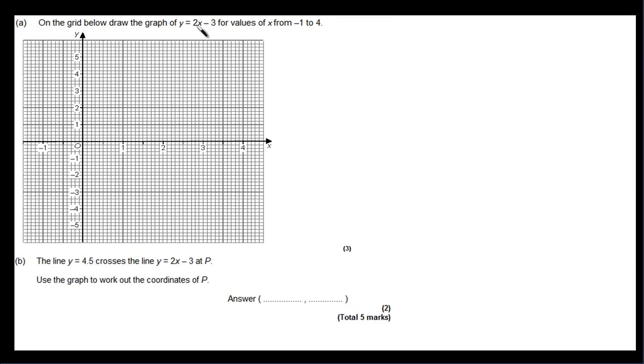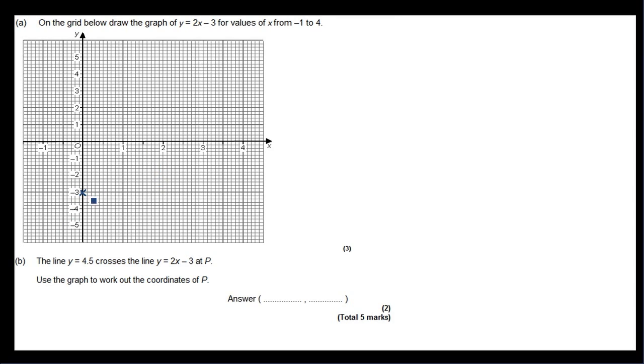So if x equals 0, that term becomes 2 times 0, in other words just 0, it disappears, and y equals minus 3. So we can immediately put a cross here, at 0, minus 3, because we know our line is going to intersect with the y-axis at that point.